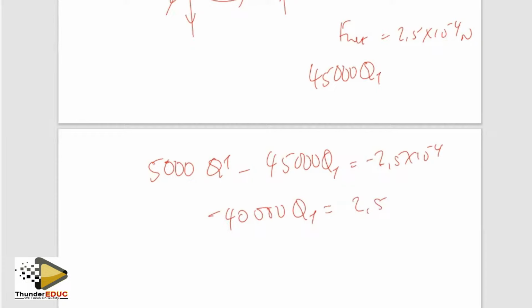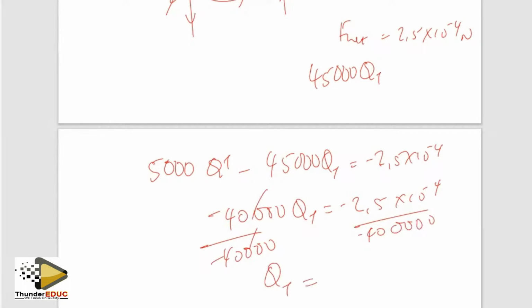Remember, this was a negative, so even if we leave it as a negative, since it was acting to the left. So divide both sides by 40,000. So QT is 2.5 times 10 to the negative 4 divided by 40,000.